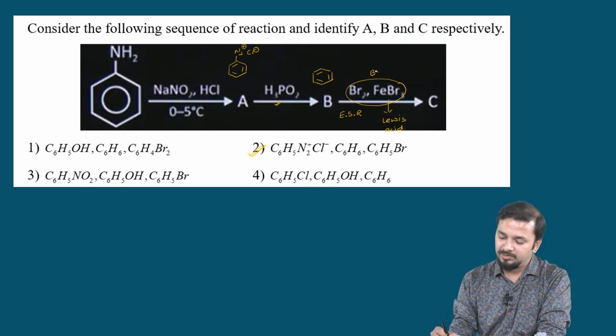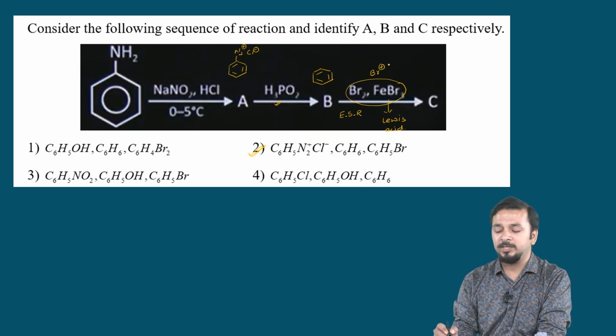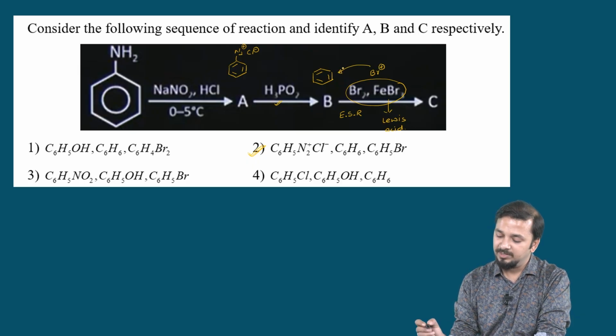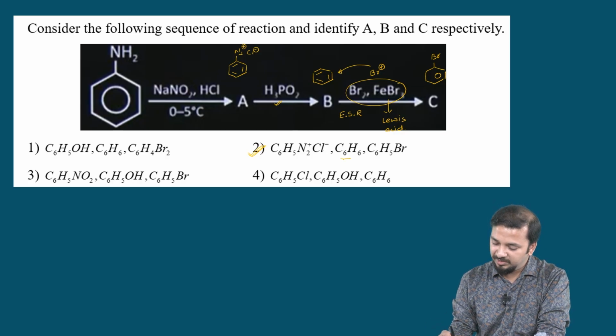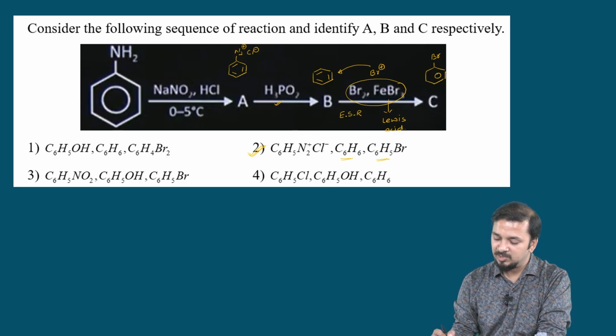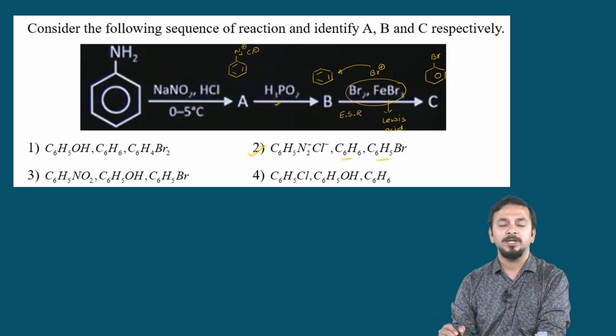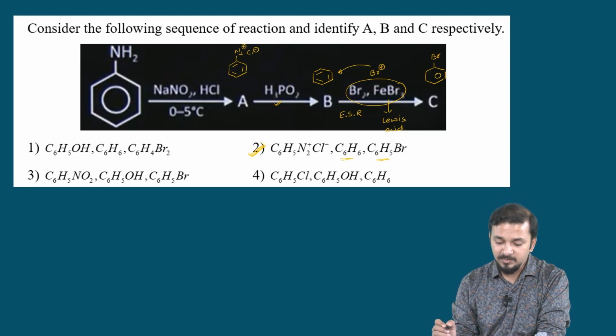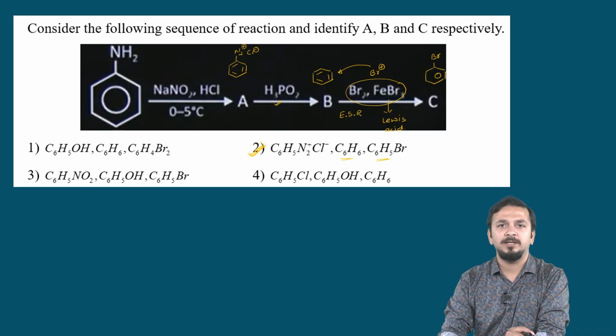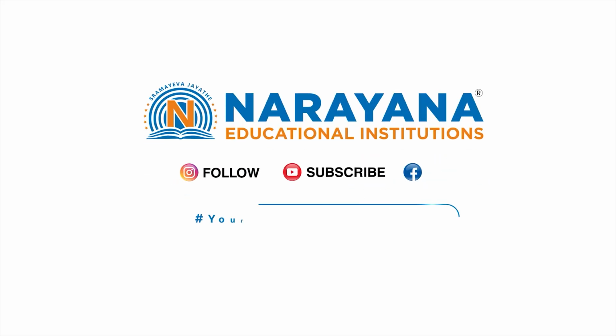The electrophile in this reaction will be Br+, which will attack the benzene. And if Br+ is attacking the benzene ring, then the product of this reaction will be bromobenzene. So what we can say is we have B as benzene, C as bromobenzene, which means option 2 is the correct answer. So I hope all these questions are clear. My colleagues will discuss the remaining questions with you.